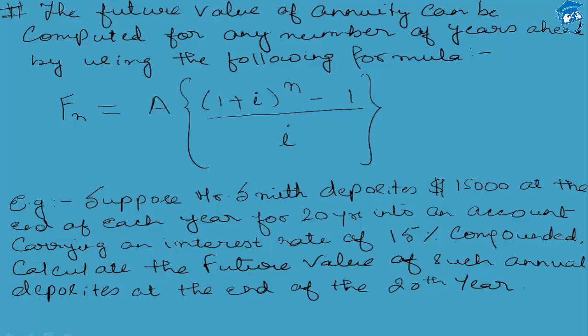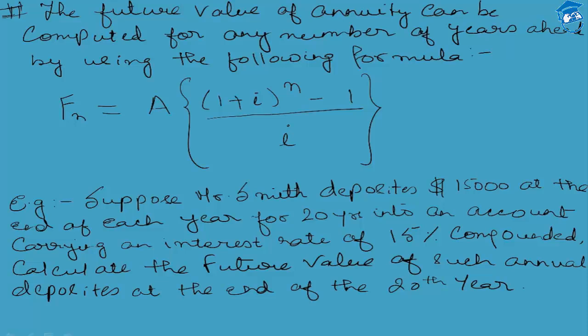The question says that we are required to calculate the future value of an annuity which Mr. Smith wants to know when he wishes to deposit 15,000 USD at the end of each year for the next 20 years, and that too when it is expected to grow at the rate of 15% compound interest per annum. So once again, students, I repeat the question.